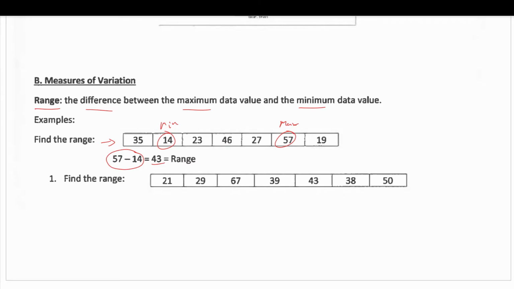Go ahead and pause the video and find the range for the following data set. As you can see, the minimum value here would be 21, the maximum being 67. So you would just take 67 minus 21, which is 46, and that is the range.